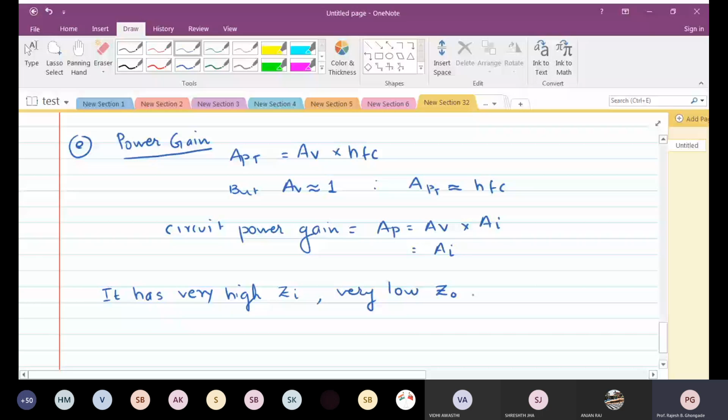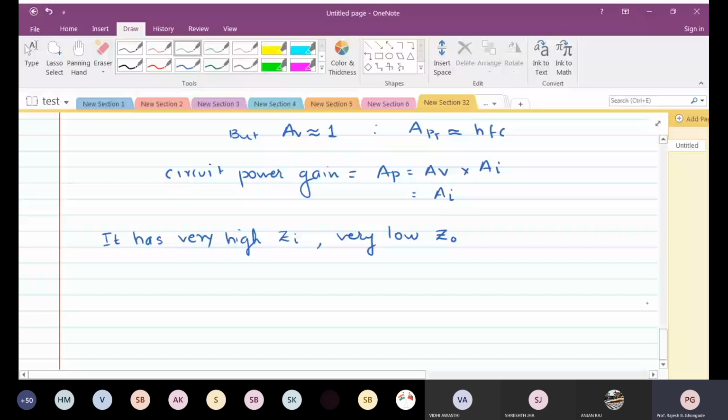If you remember the loading effect, what was the requirement, that there should be no loading or minimum loading? For example, if we have a circuit like this, and if this is the load, if you remember, this was the output impedance.